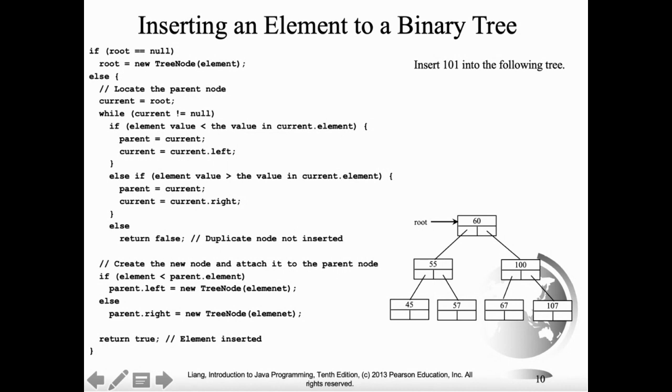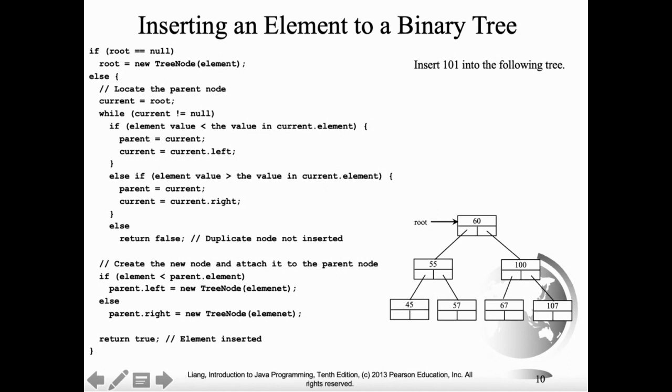Otherwise, when we're done, we find the location of it. When we get out of this if-else statement, we know our parent, we found the parent, and we know that this has to go to the left side or right side of this parent, right?